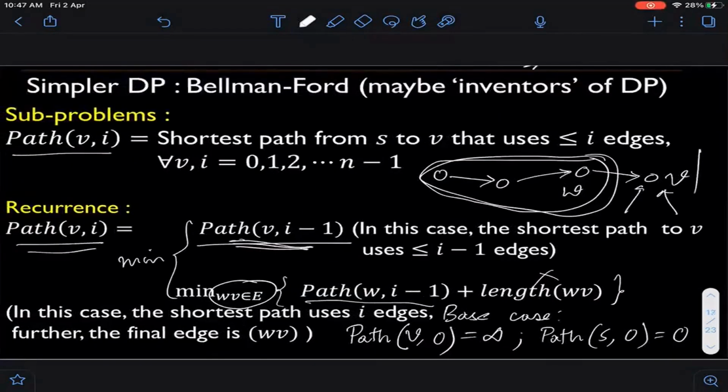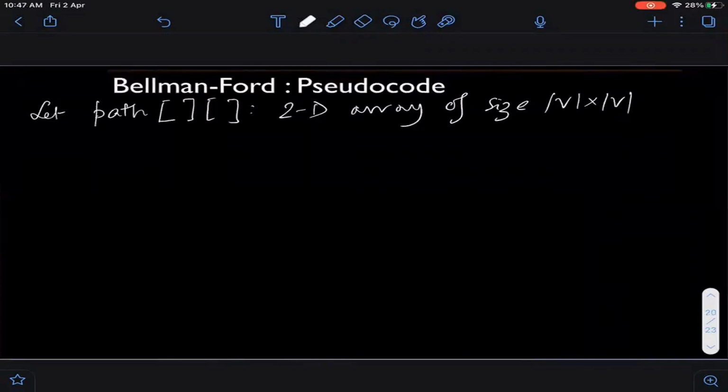So the second parameter in this recurrence, which is this I, can only take values between 0 and n minus 1. It cannot be more than that unless there is a negative cycle, which we will handle later on. And of course, then we have the other parameter, which is V itself, the vertices themselves.